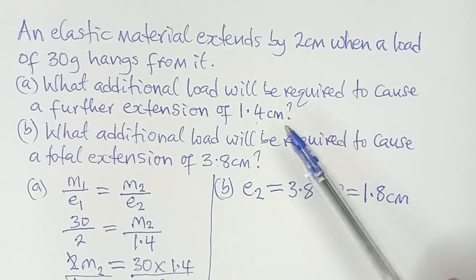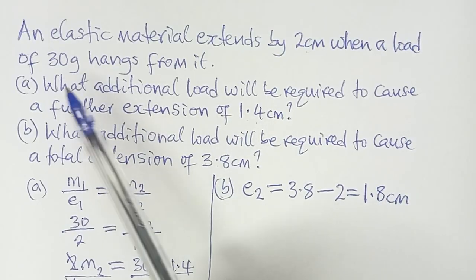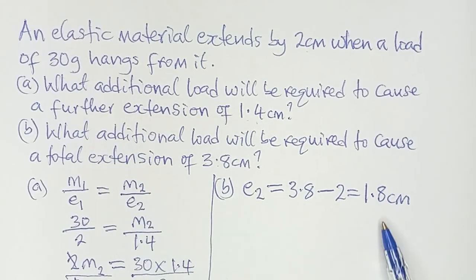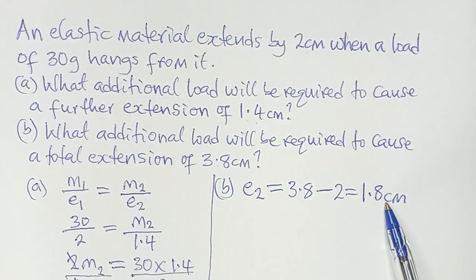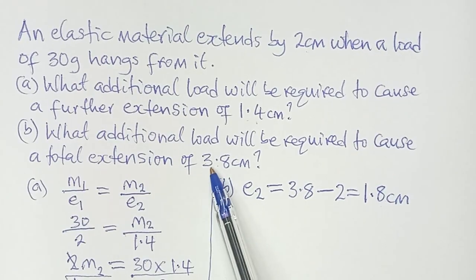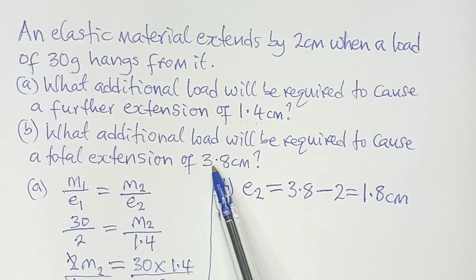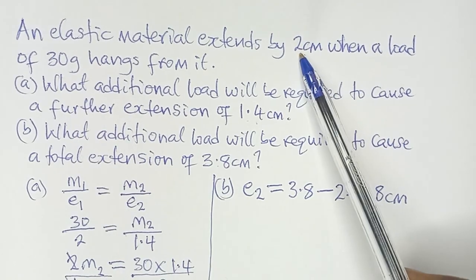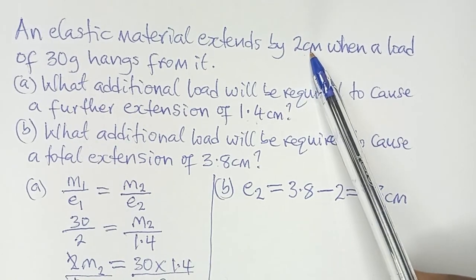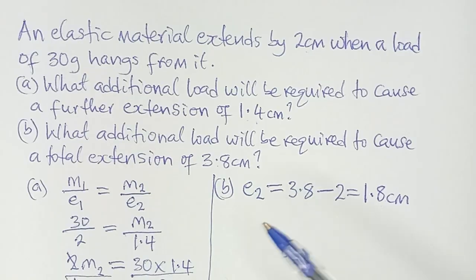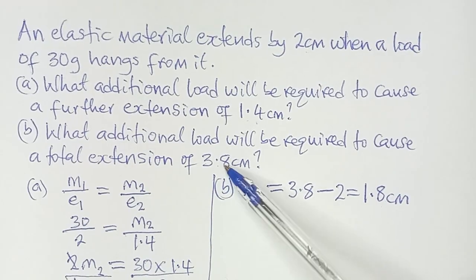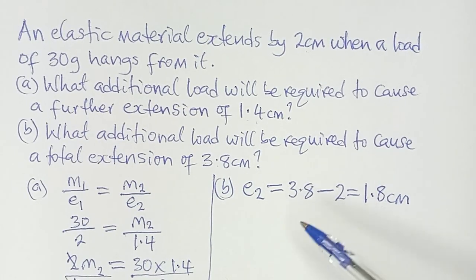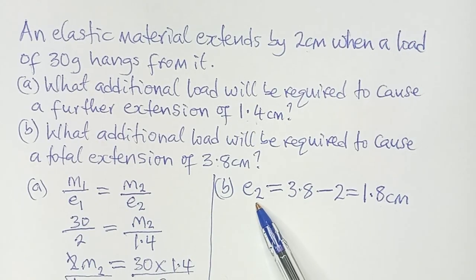So what this means is that the additional load that is added to the 30 gram caused an extension of 1.8, because we are told that the total extension that the two loads gave is 3.8. But 30 gram has already caused an extension of 2 centimeter. So the remaining 1.8, which is the difference between these two, is caused by that additional load, and that is the second extension.